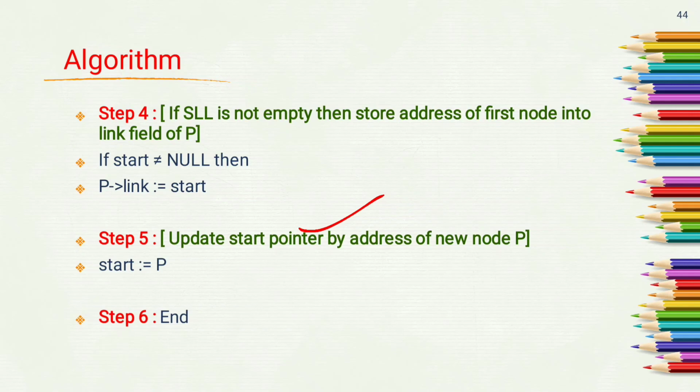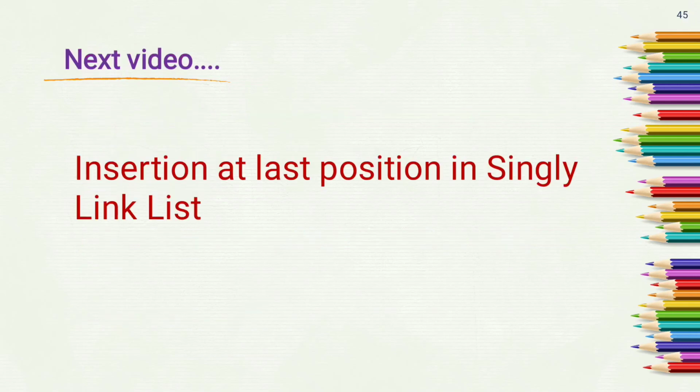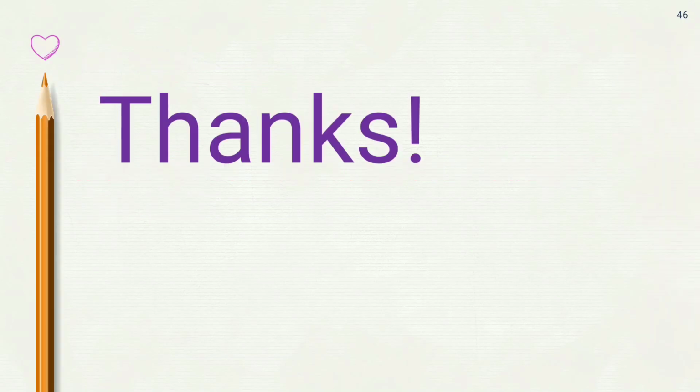That means we have to update the start pointer by the address of the new node p. For that we have to write start equals to p. And these are the complete steps for insertion of a node in a singly linked list at first position. So this algorithm is completed. In step 6 we have to write end. Now in the next video we will learn insertion at last position in a singly linked list. Thank you.